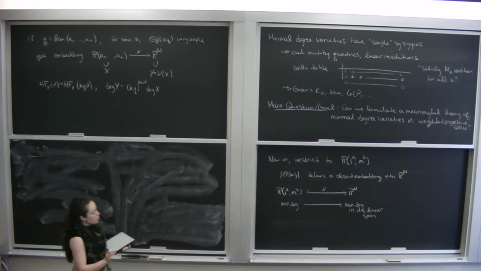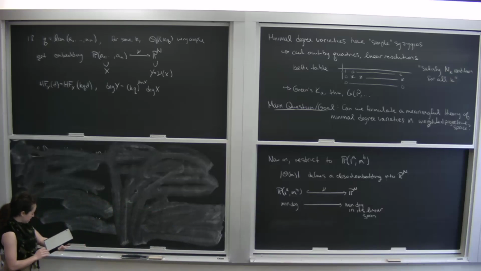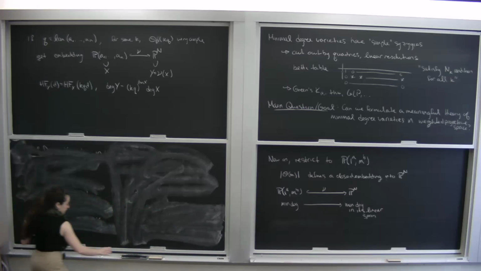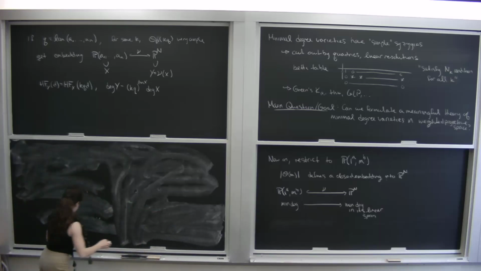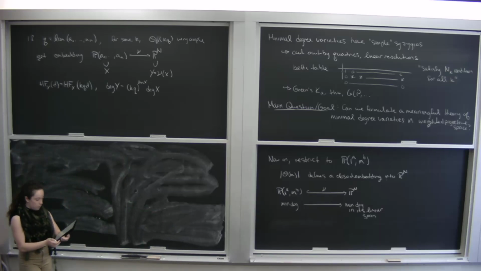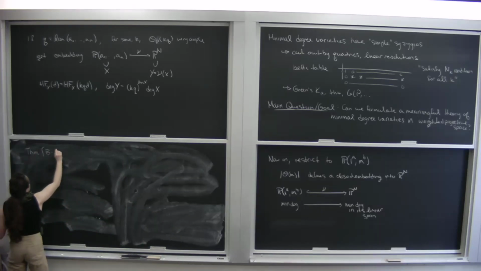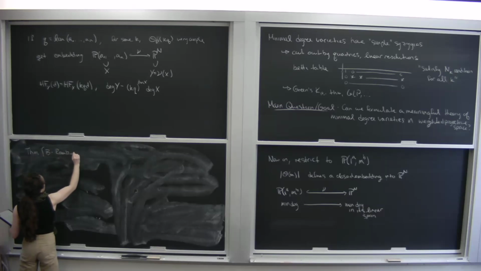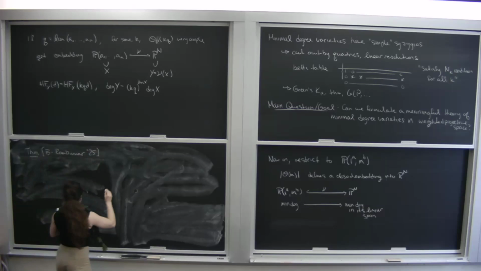Okay, so I want to tell you what the varieties of minimal degree can be and some things that I know about them. So, let's start with curves. The first thing to tell you will be what irreducible non-degenerate curves of minimal degree are. So this is a theorem.